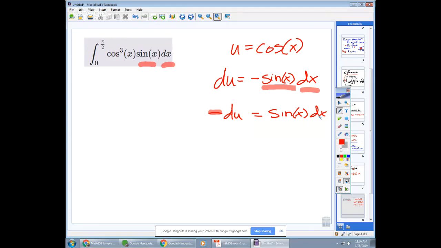And then my u is going to go in the cube there. All right, so rewriting this, I've got the integral, ignore the endpoints for a moment. I've got the u cubed, and then this stuff right here is a minus du. So I'm going to put the minus outside and du on the right.